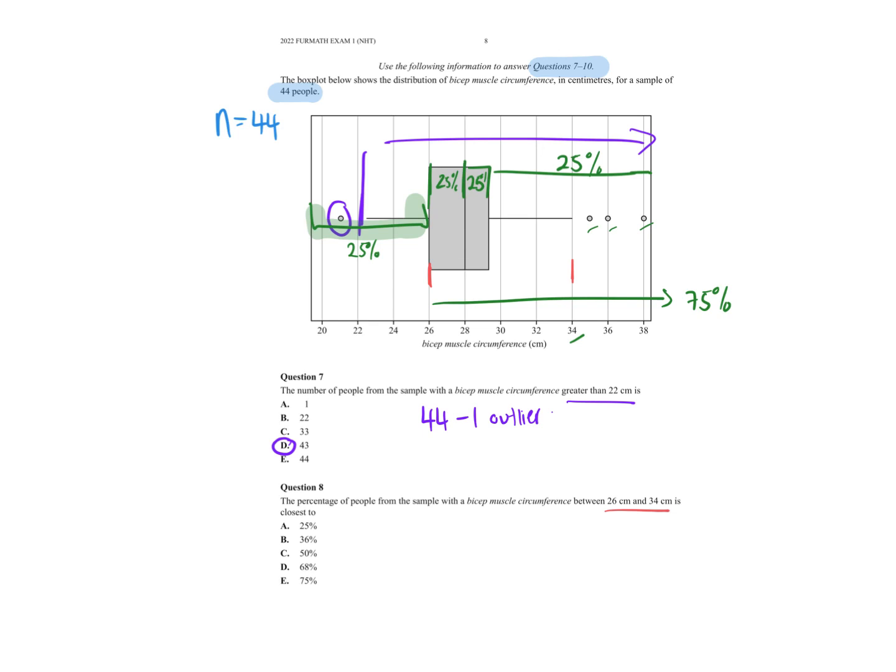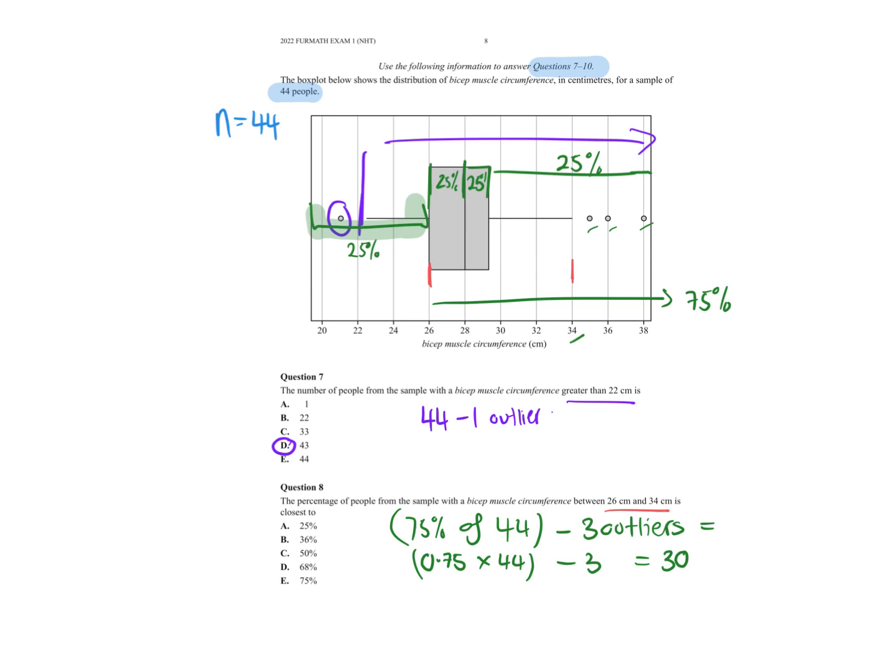So I'm going to work out what's 75% of the data, which was 44, and then minus the 3 outliers, and that's going to tell me how many are between the 26 and 34. So remember, we change that to a decimal, we times 44, and then you go minus 3, and you end up with 30, okay?